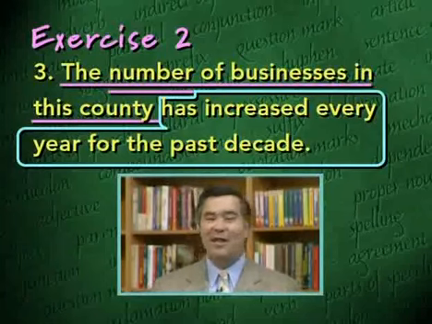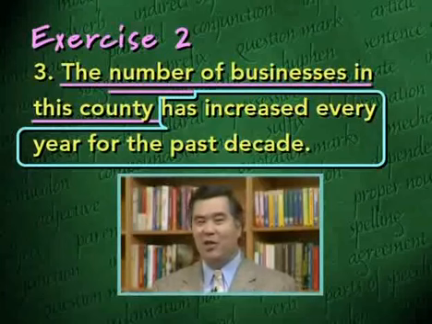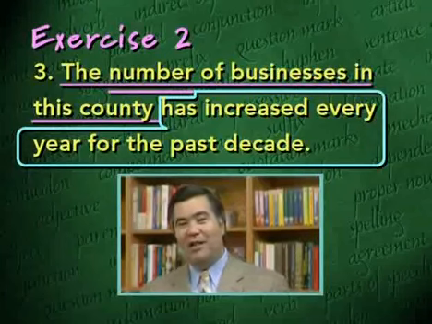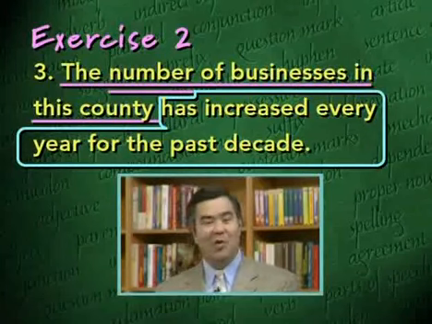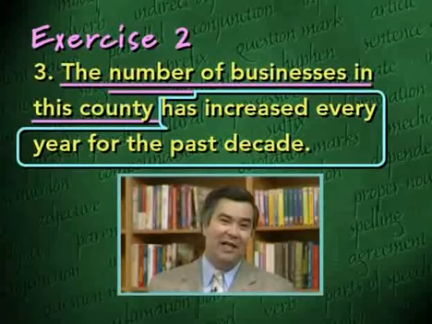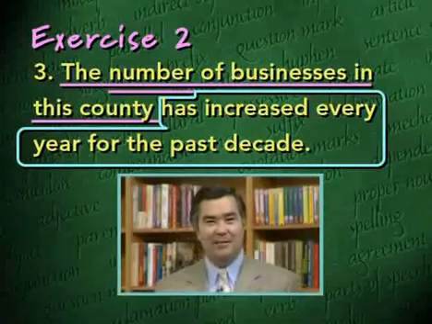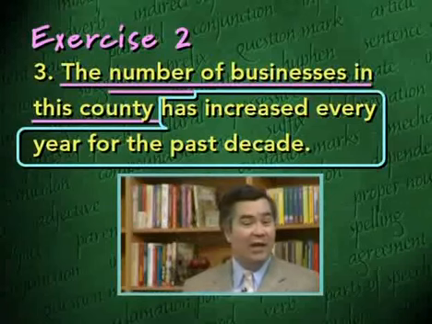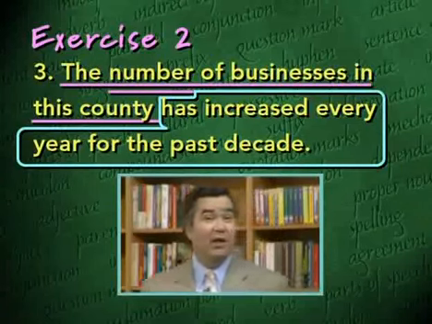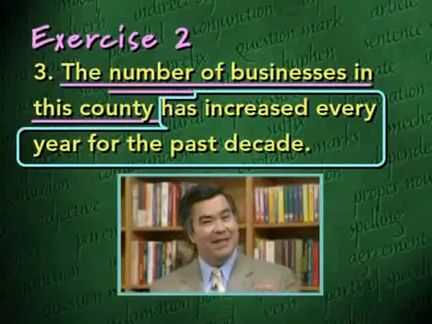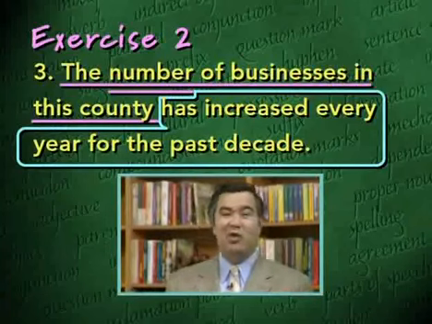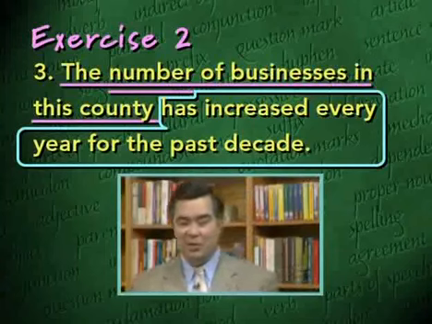It's somewhere buried in the middle, and it's easy to overlook that. But the most important word in this particular subject is the word number, and you can tell that because that's the word that's most directly connected to the predicate. Looking at the predicate, what's the most important word there, or the verb? Once again, this example is a little more tricky than some of the other examples we've seen.